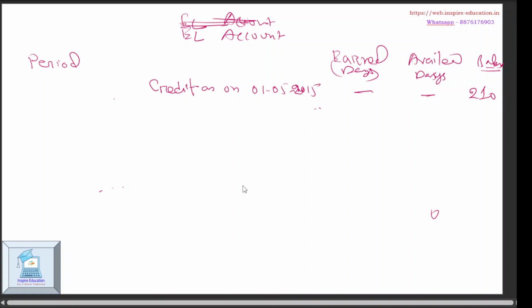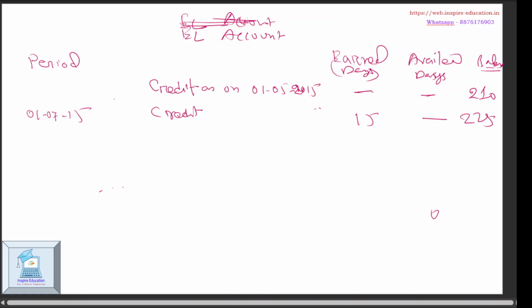So before that, after 1/5/2015, on July he has to be given 15 days credit. So on 1/7/15, 15 days credit will be given, it will be 225.